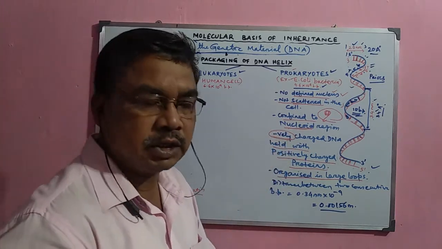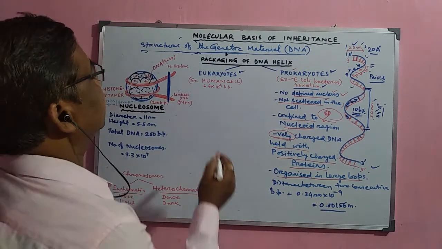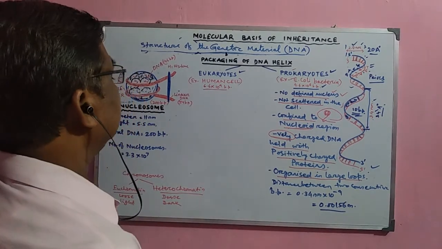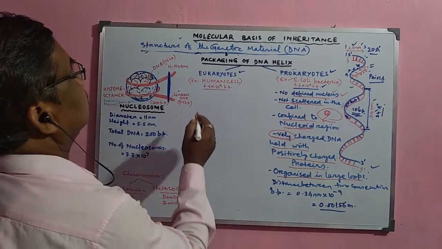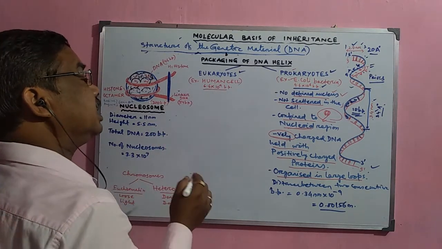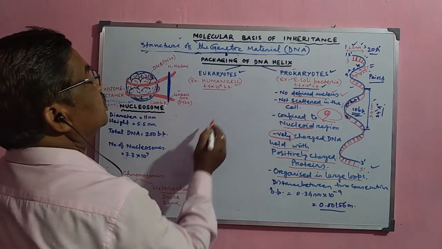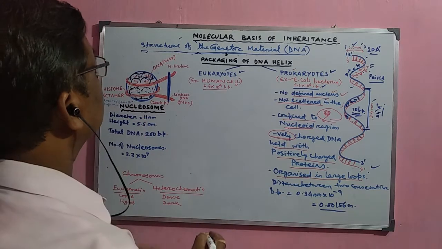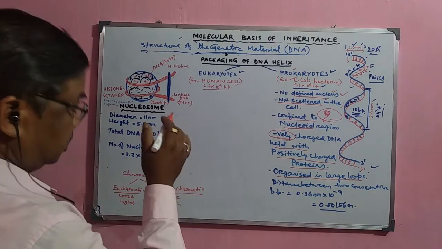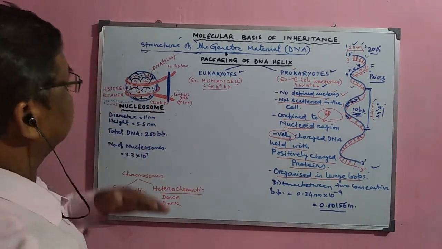Now, the eukaryotes have a very long DNA helix. In the case of human beings, as we know, it is around 6.6 into 10 to the power 9 base pairs in a human haploid cell. The human haploid cell is very important because we already studied the Human Genome Project and have revealed everything.